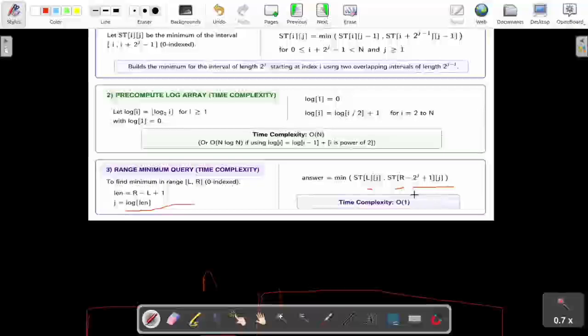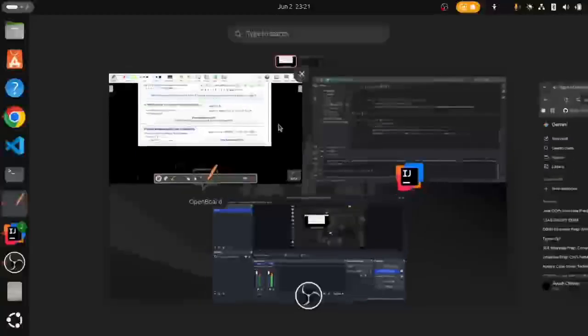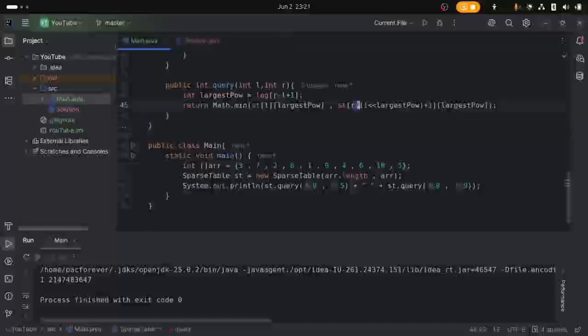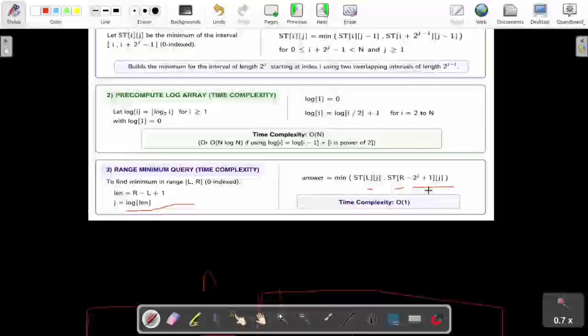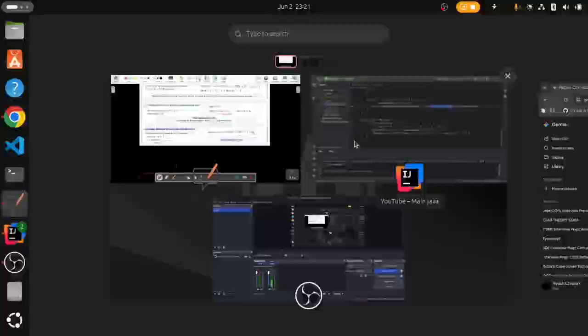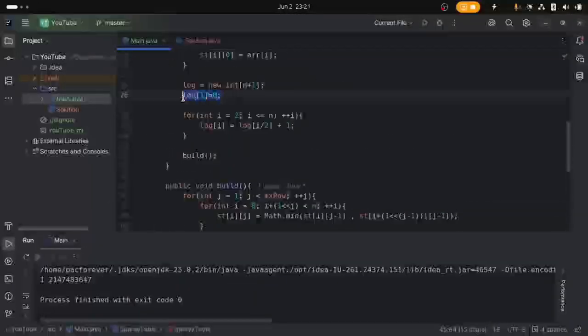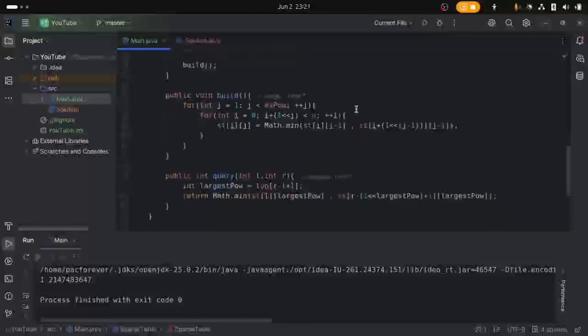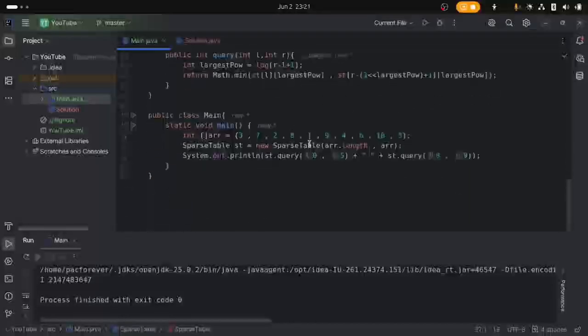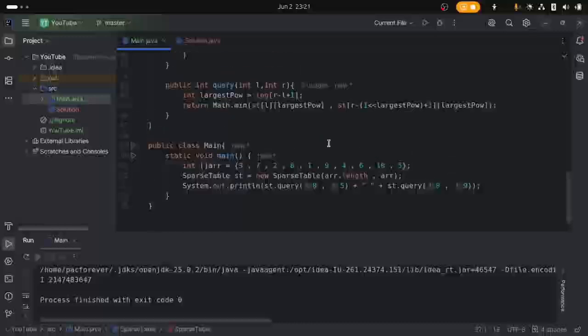I have written exactly the same equation, r minus 2 to the power of that power plus 1, and that power. Everything is correct. Then what is wrong? The build function is working correctly, and this is also correct. Then why are we still getting such weird outputs?